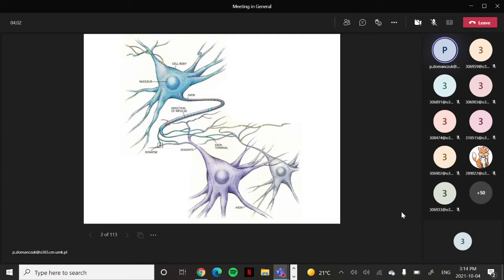Today we are starting with basic neurophysiology, thinking about how the nervous system in general works, what the rules are as far as the function of the central nervous system goes, and also what the biological basis for the function of the nervous system is. So this is very basic information, based on high school material, basically.